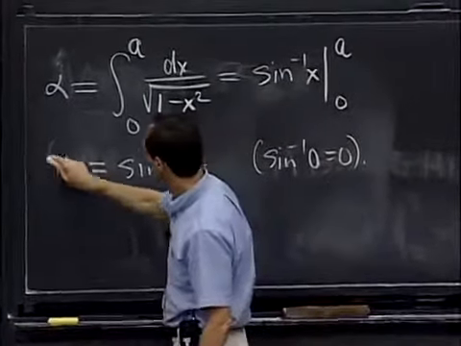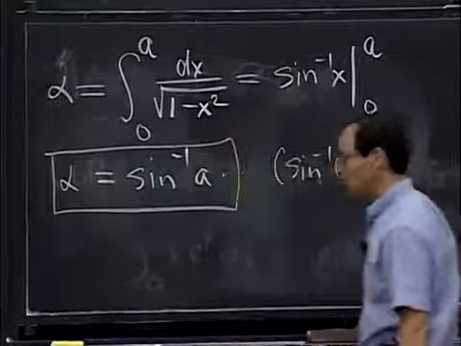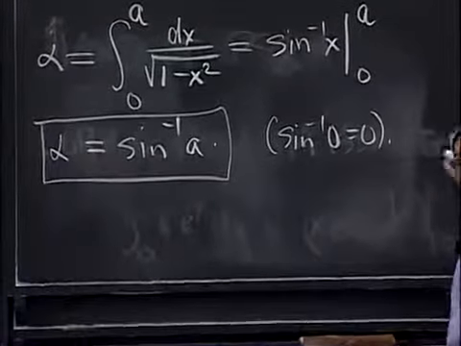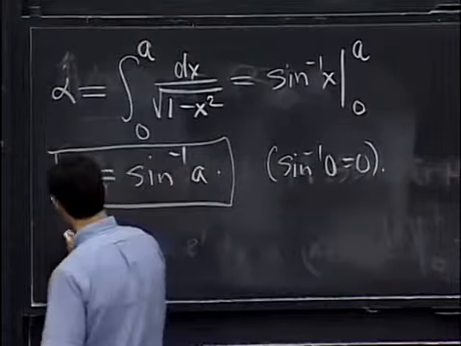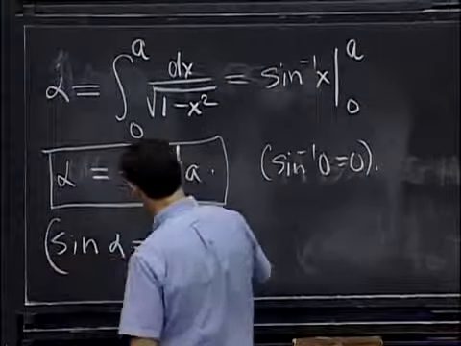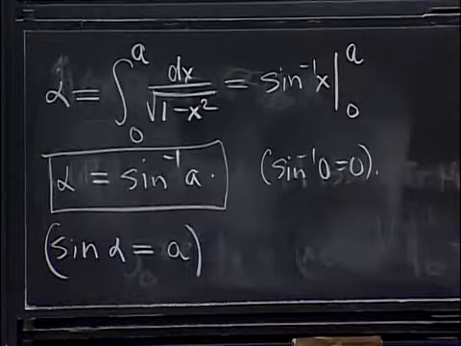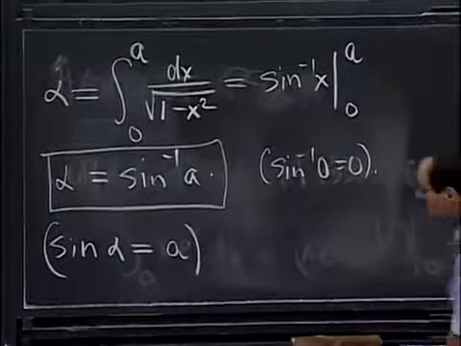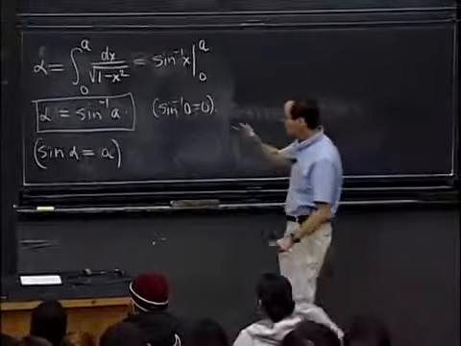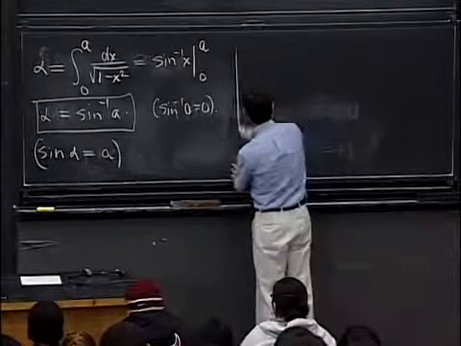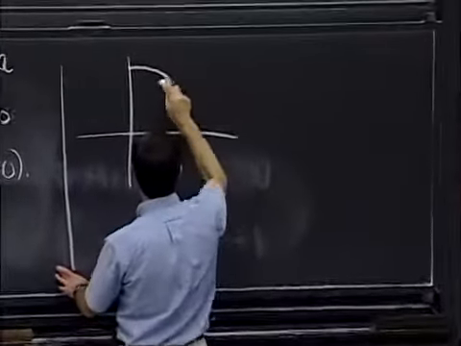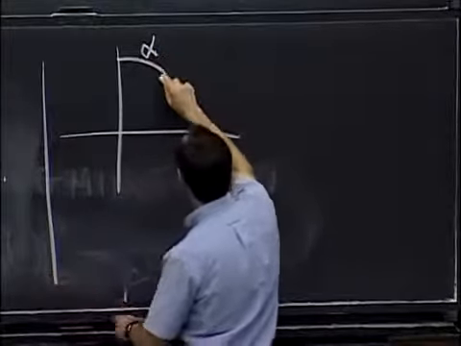All right, so alpha is equal to the inverse sine of a. Now that's a very fancy way of saying that sine alpha is equal to a. That's an equivalent statement. And what's going on here is something that's a little deeper than it looks. We've just figured out a geometric interpretation. We went a distance alpha along this arc.